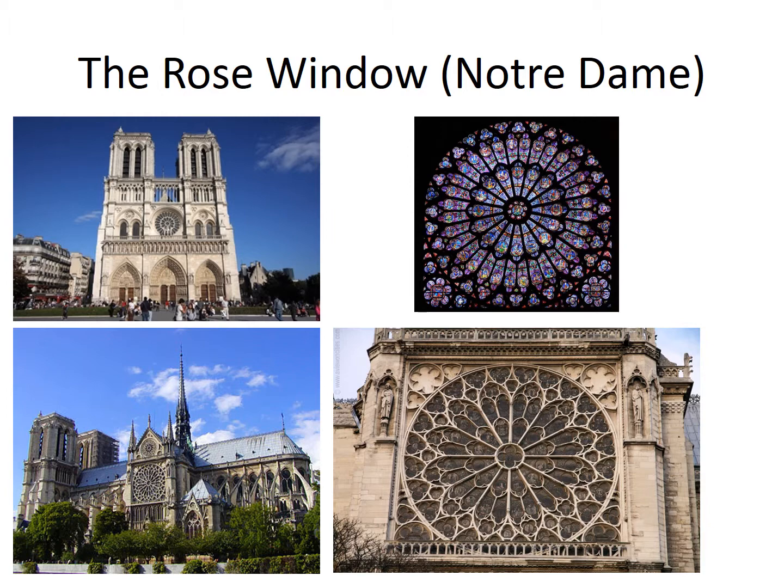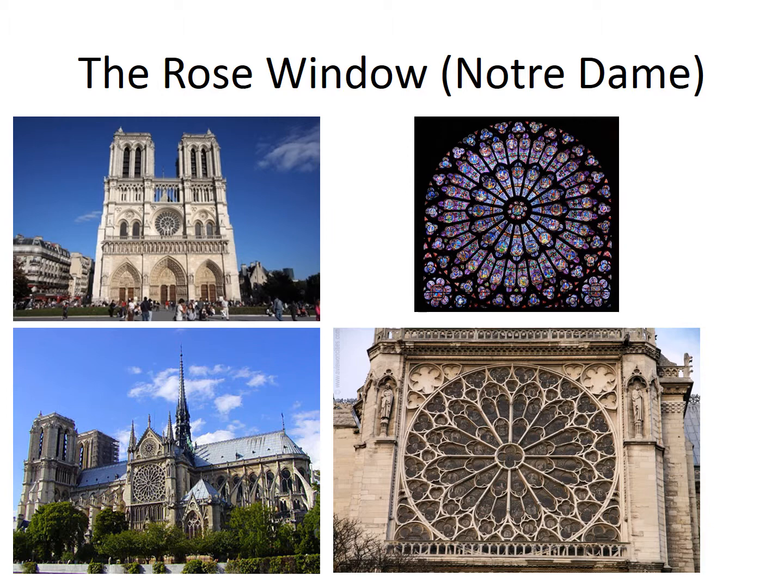Now, a lot of times people look at Notre Dame, and if you look at the picture in the upper left-hand corner, you see that circle window up on top there. That is not the rose window. If you look down in the lower left-hand corner and you see the side of the building, and then you see that larger circle, that is the rose window. The upper right-hand corner, that is the rose window if you're standing inside the building and the light is coming through the stained glass window.